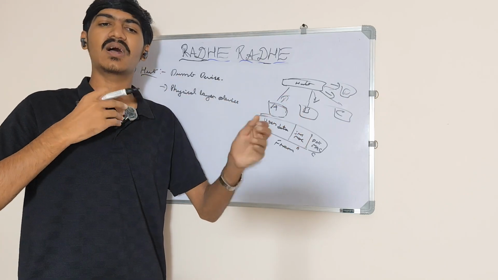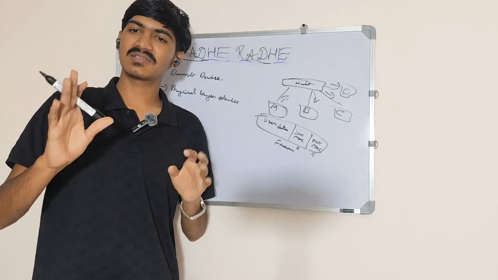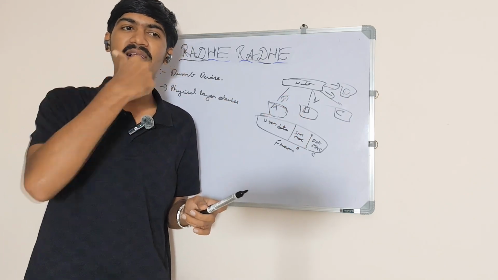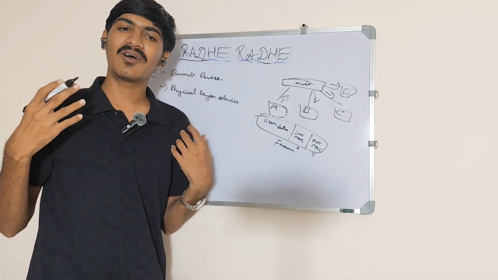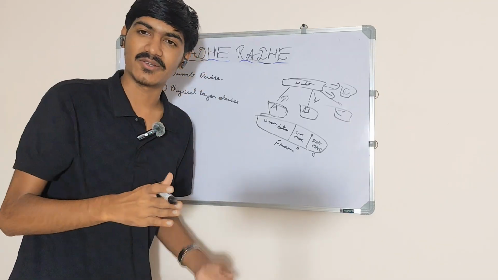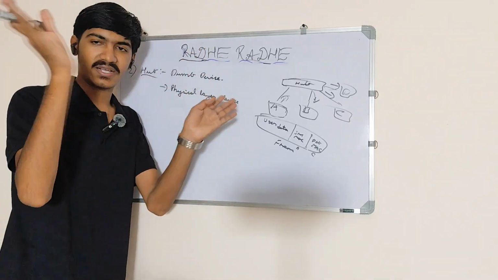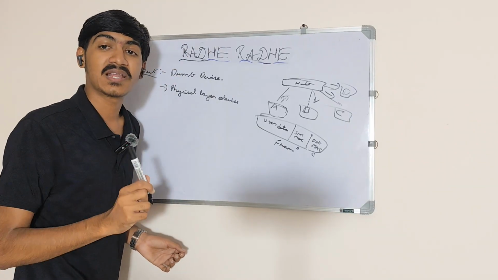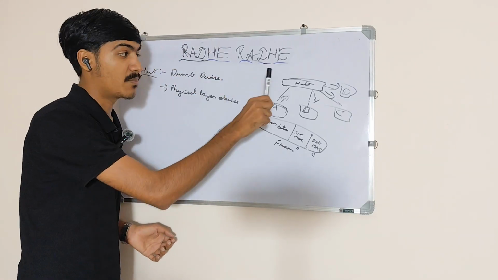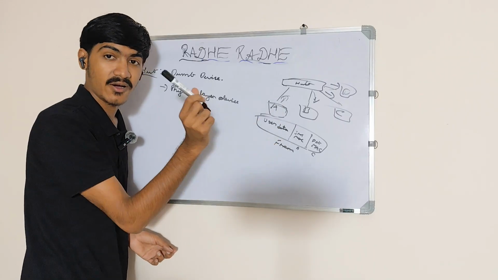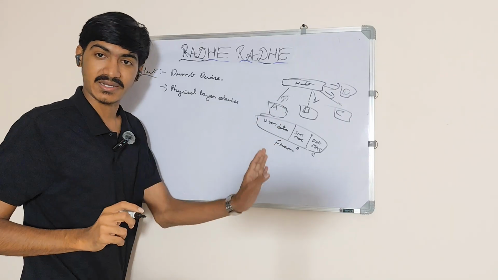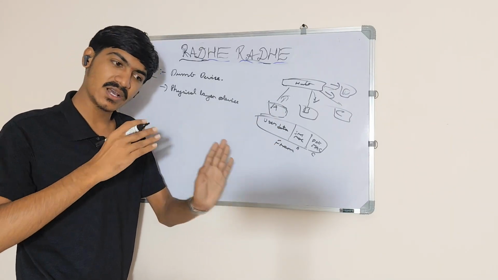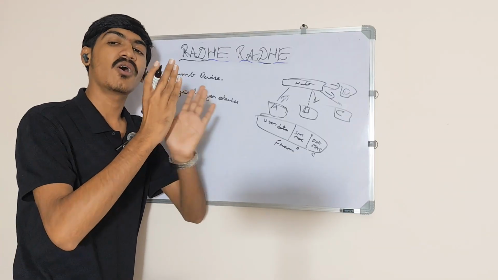Whatever comes to it, it's like: I'm your friend, whatever you say to me, I'll just say to him. I will not ask whom you are actually talking to. I'll just simply broadcast. Hence it is known as a physical layer device. Why is it known as a physical layer device? Because the hub doesn't have the common sense to learn the data. It just takes the incoming data and forwards that incoming data to all other ports.